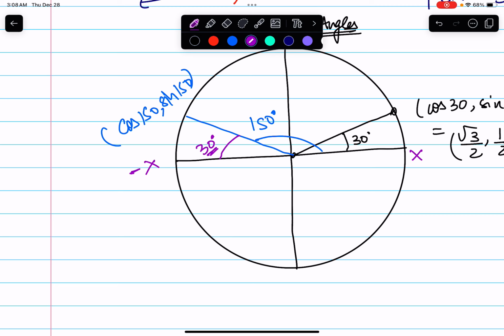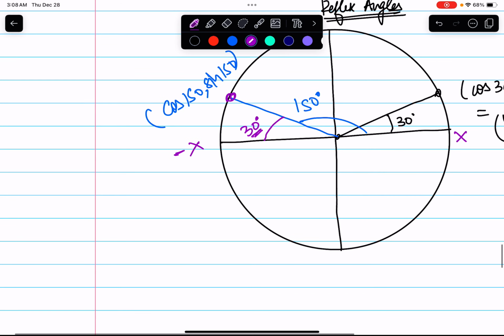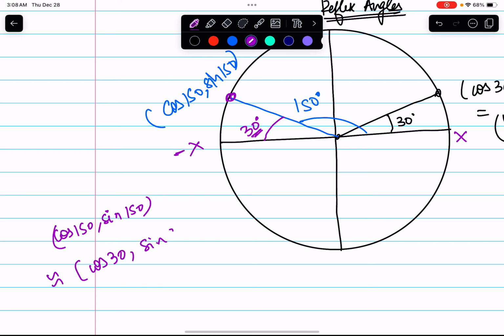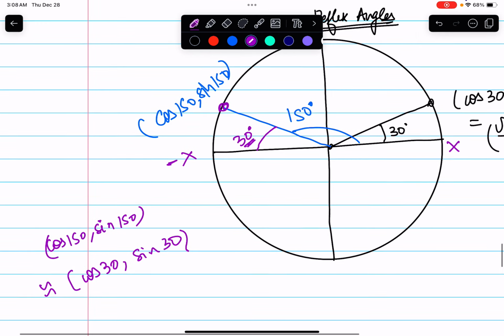So what you can see is, hypothetically, when you get to the second quadrant, cosine of 150 and sine of 150 are going to correspond to cosine of 30 and sine of 30, right?